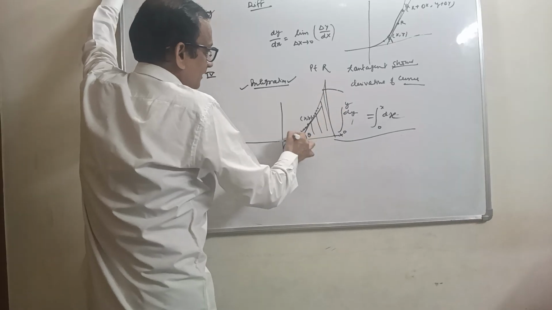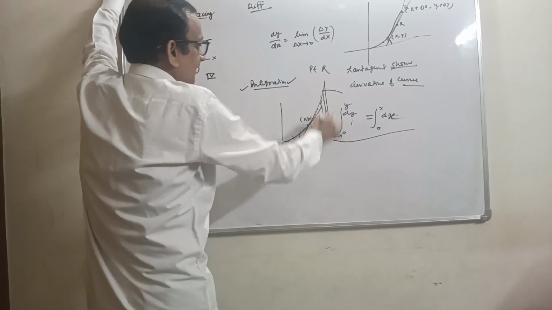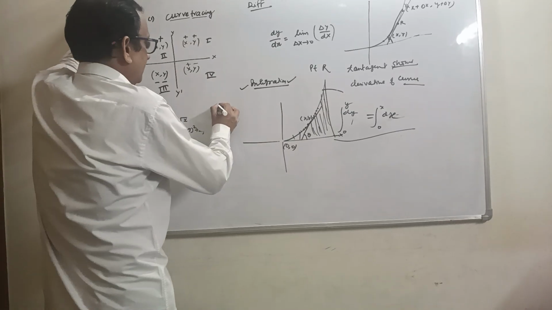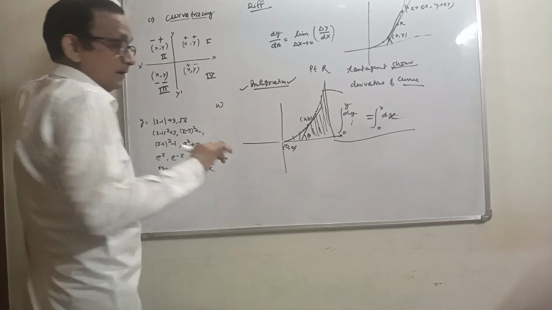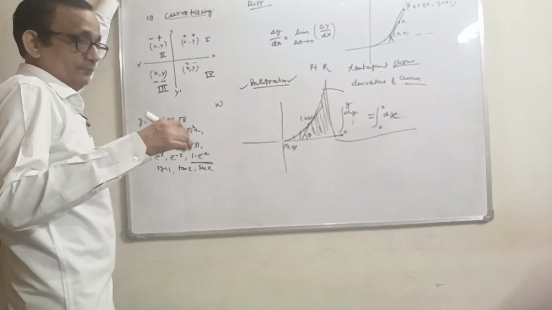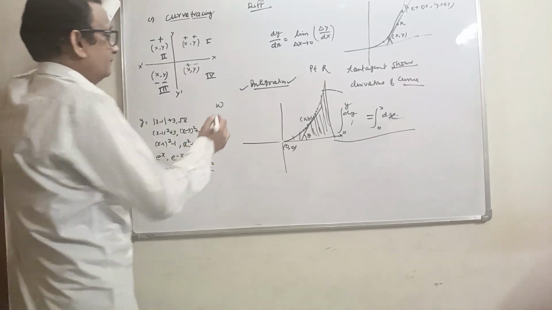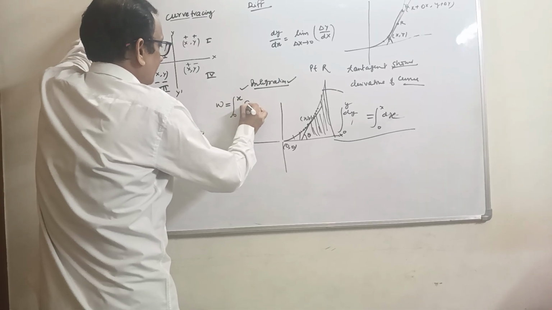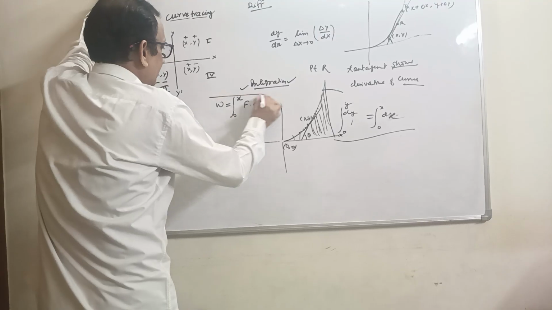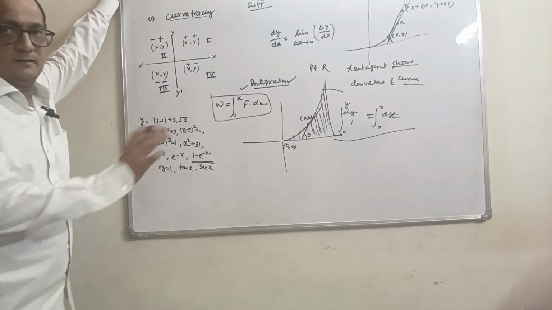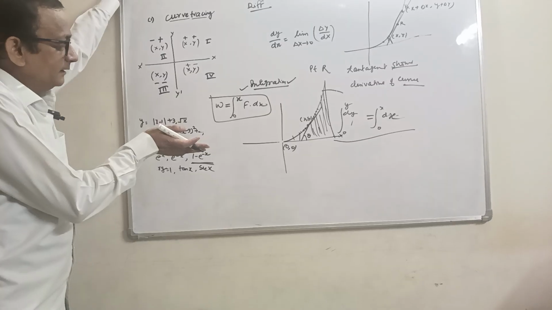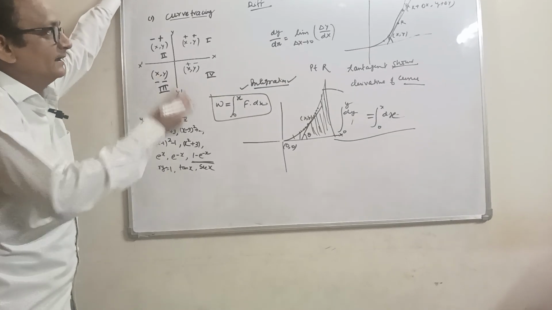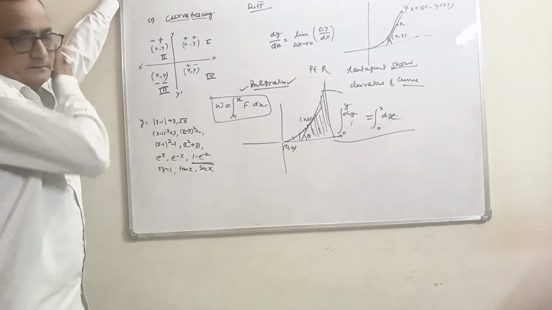This is the phenomenon where, if force is variable with displacement, then we have to find the work by integration, that is the integral from 0 to x of F into dx. This is the way we apply integration and differentiation in physics.